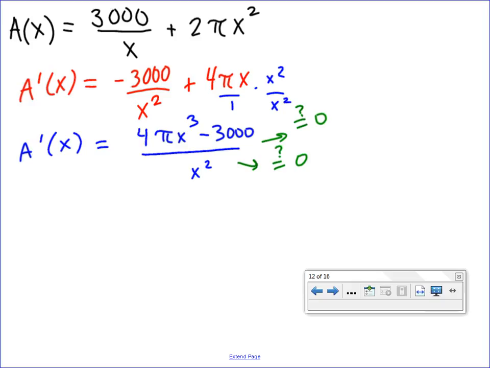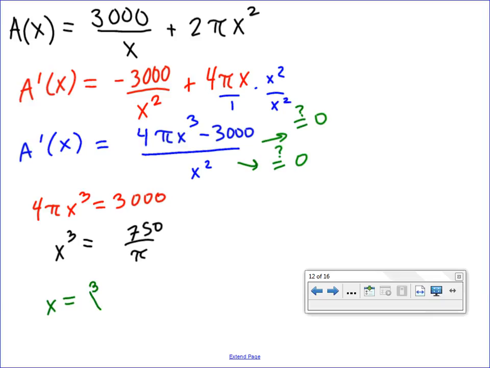What about the top? Let's see. Does 4 pi x cubed ever equal 3,000? Probably. If x cubed equals 3,000 over 4 pi, which is 750 over pi, that happens when x equals the cube root of 750 over pi.